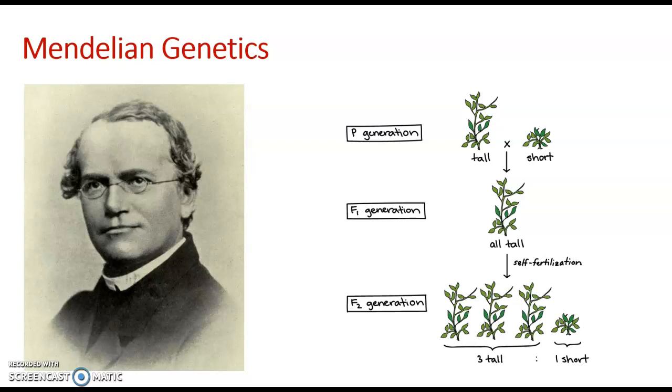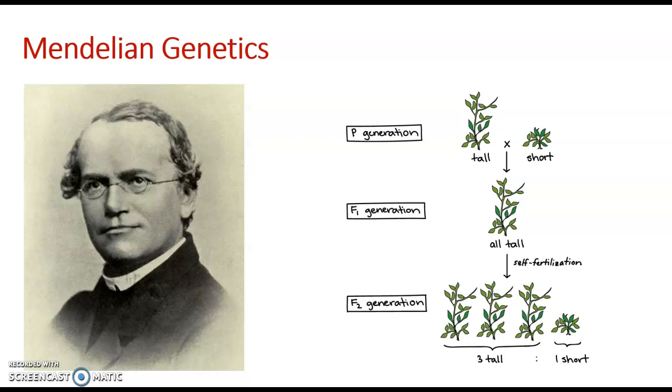So we'll use our short and tall as the example here. He started by growing pea plants that were tall for generations, generation after generation, until they only produced offspring that were tall. And after doing this, he was confident that those plants could only pass on the trait for tall.